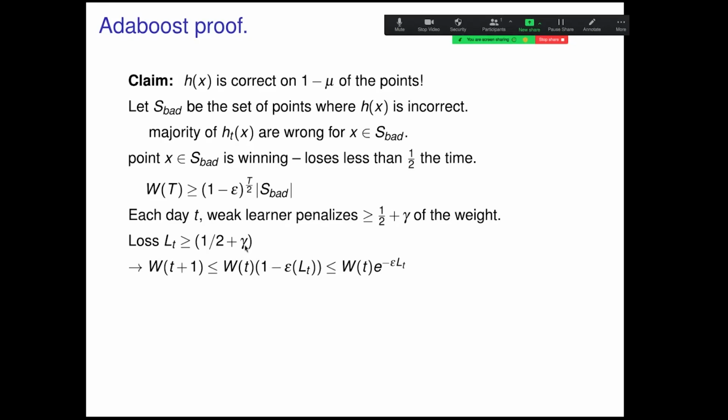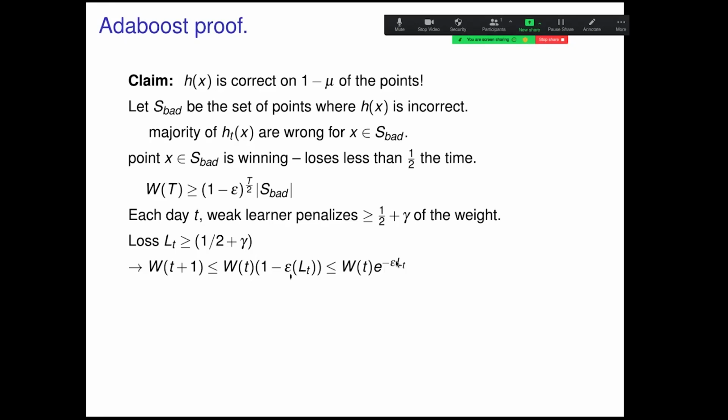And so it should be 1/2 plus 1/2 minus epsilon, so that you get a 1 here, and you're saying this essentially is bigger than 1/2 plus gamma. And now we use that inequality, that 1 minus epsilon is less than or equal to e to the minus epsilon.